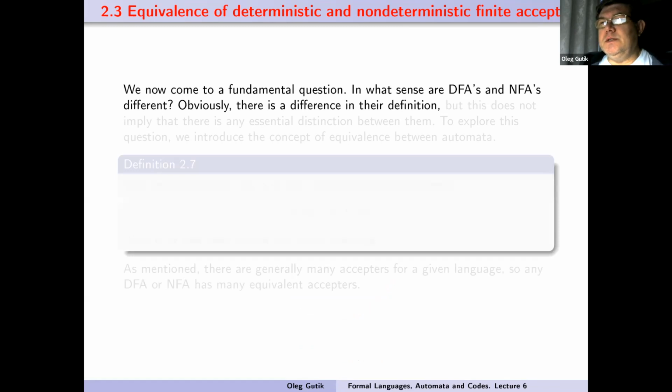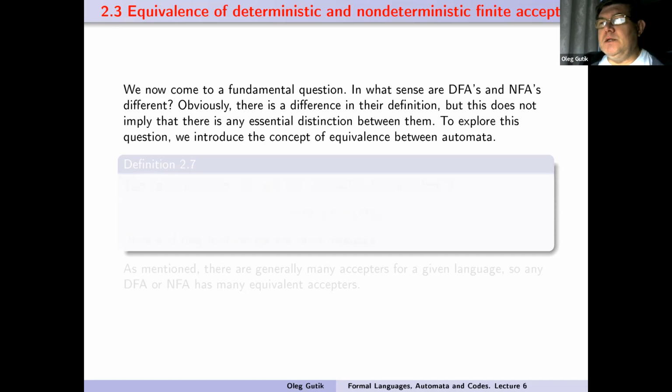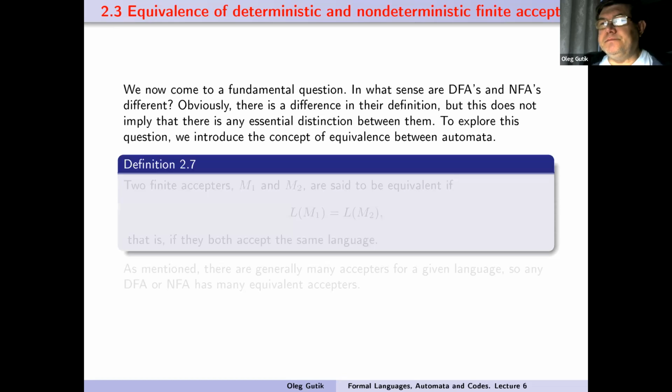Obviously, there is a difference in their definition, but this does not imply that there exists any essential distinction between them. To explore this question, we introduce the concept of equivalence between automata.